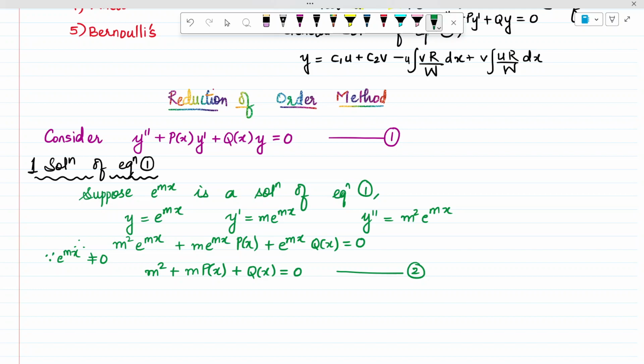अब यहाँ पे हम m की अलग अलग वैल्यू निकालेंगे बिकॉज हमको एक पर्टिकुलर आंसर चाहिए. We don't want e raised to mx which is a general solution. We want a particular solution.